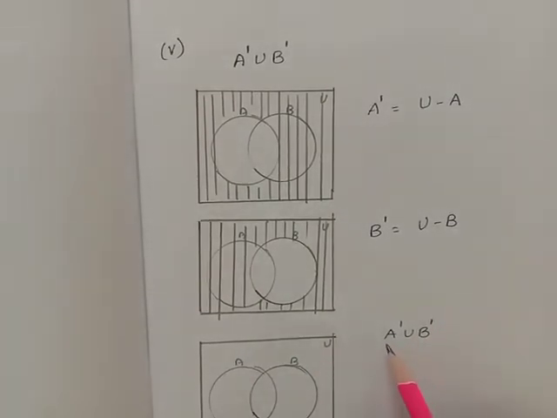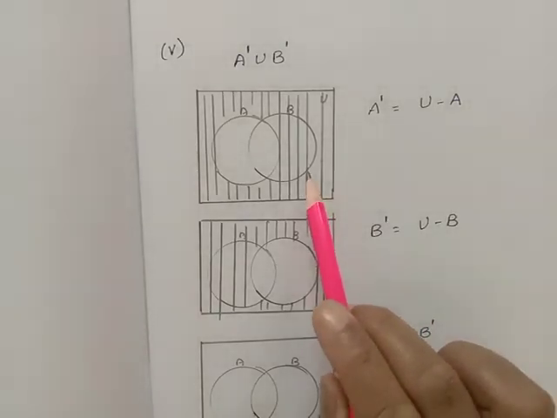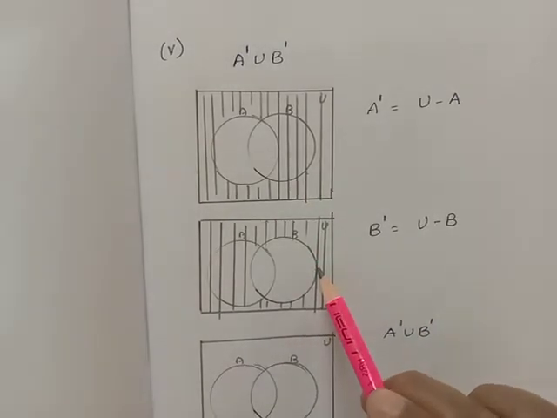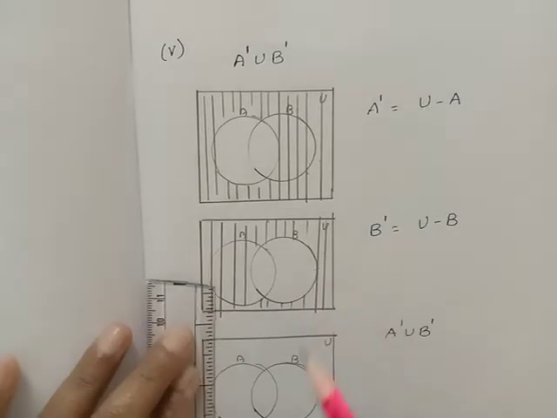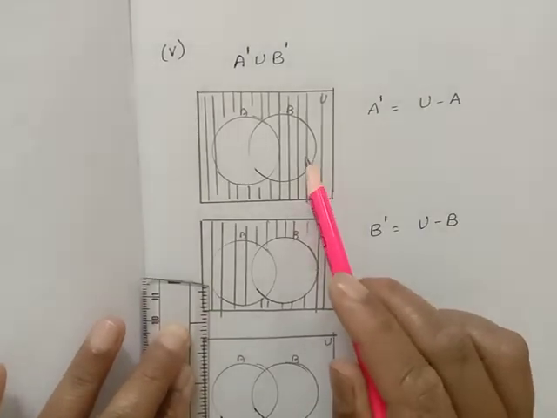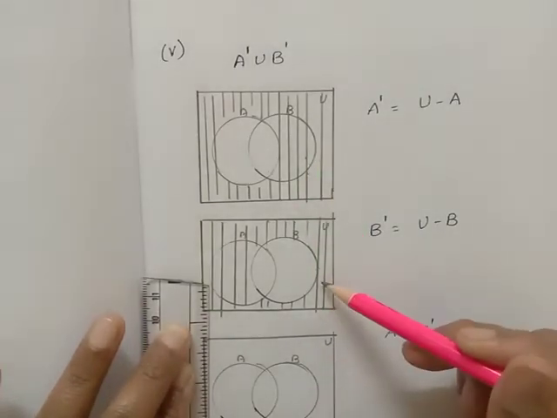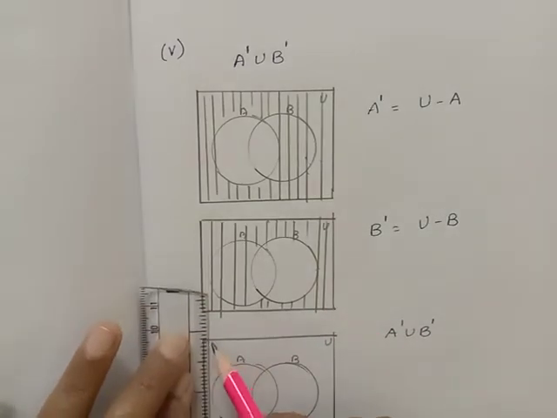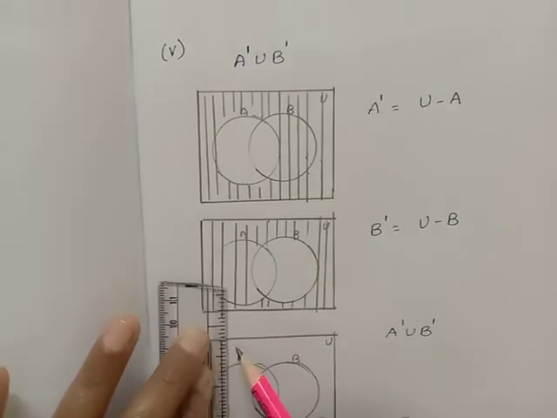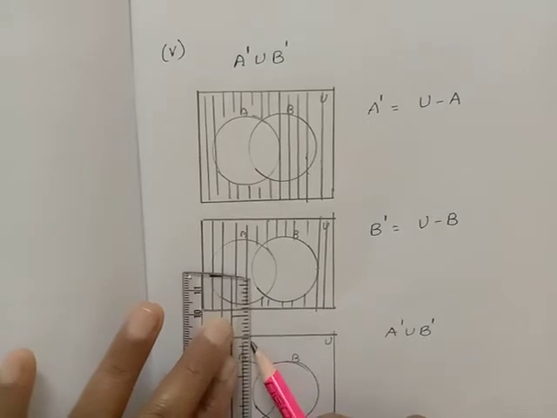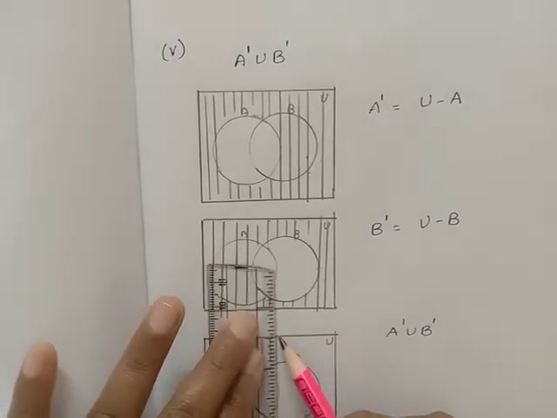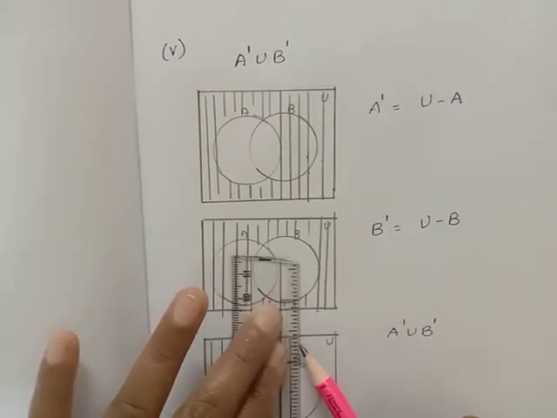The relationship between A dash and B dash is union. Union means we need all the portion of A dash and all the portion of B dash. What is covered in A dash you have to cover, and what is covered in this diagram you also have to cover. So we need to cover all the portion except the center value.